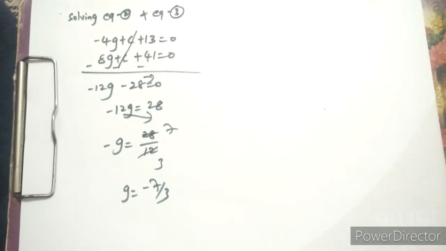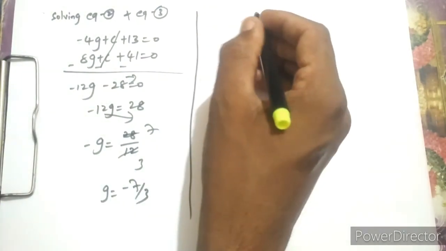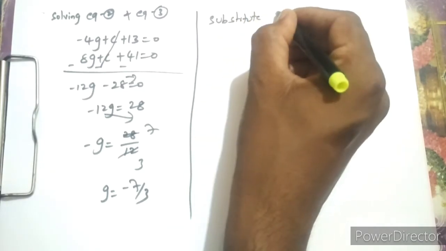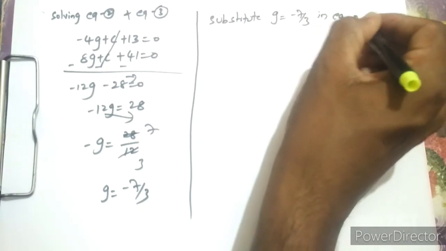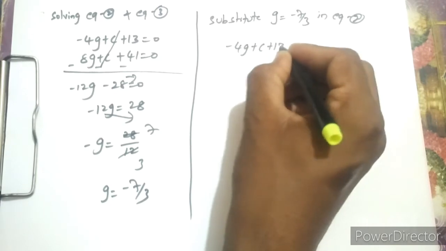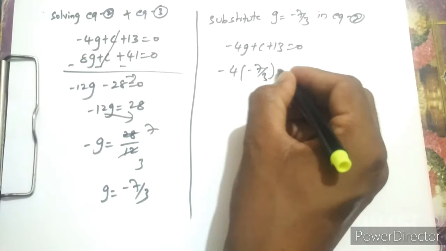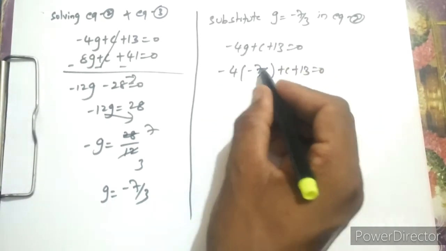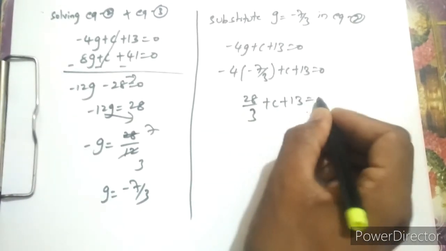Since f is equal to 0, we have to find the c value. For finding the c value, substitute g is equal to minus 7 by 3 in equation number 2. The second equation is minus 4g plus c plus 13 is equal to 0. Minus 4 into minus 7 by 3 plus c plus 13 is equal to 0. Minus into minus becomes plus. 7 4s are 28 by 3 plus c plus 13 is equal to 0.